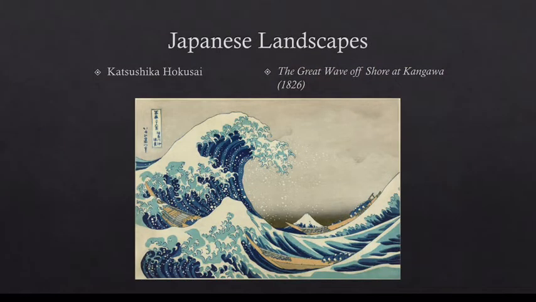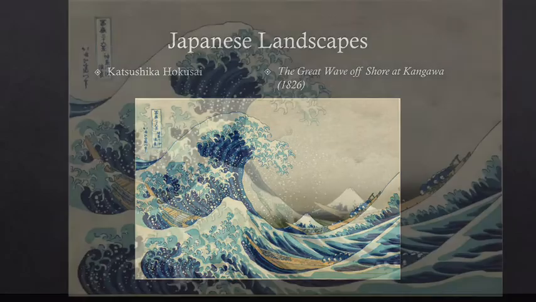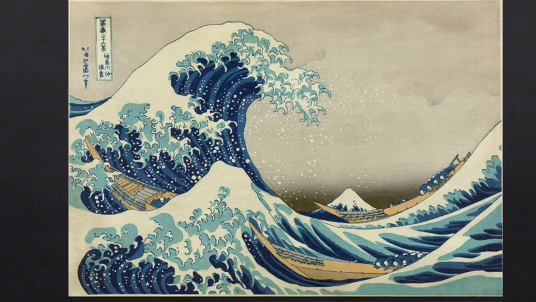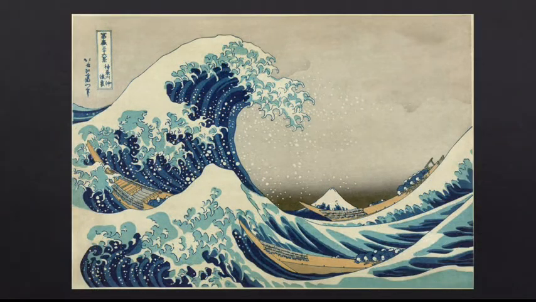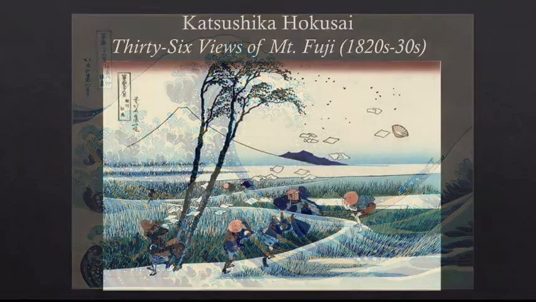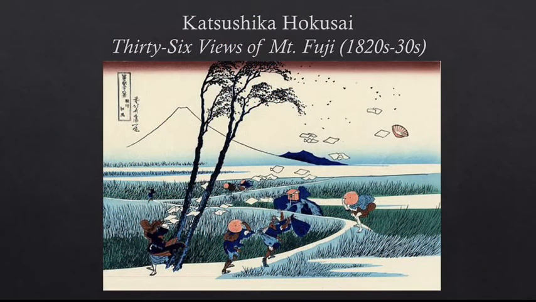Japan was well known for its woodblock printing, and a prime example of this is Hokusai's Great Wave off Kanagawa. Also, it's part of something called 36 Views of Mount Fuji. What I'd like you to notice is not just the color is important, but also the awkward scenes. The scenes themselves are unexpected. The scenes are not what you would traditionally see in European art.